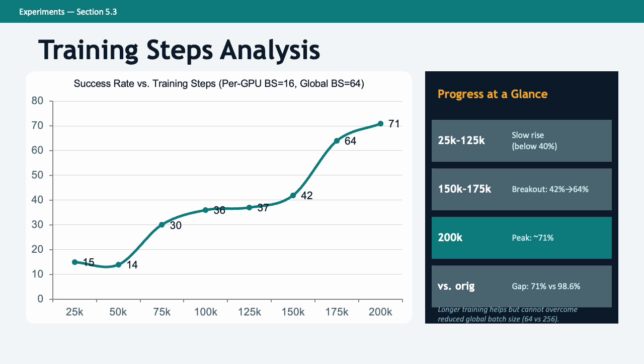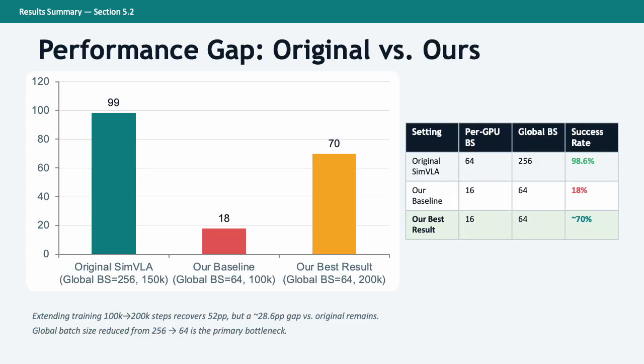But after 150,000 steps, the model improved much faster. Finally, at 200,000 steps, it reached about 71%. This shows that longer training does help a lot, but it still cannot fully reach the original SimVLA result of 98.6%.